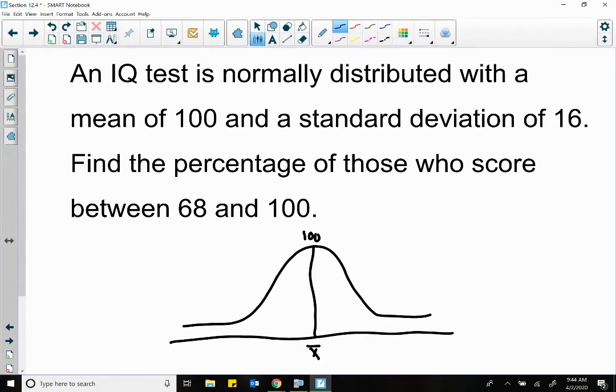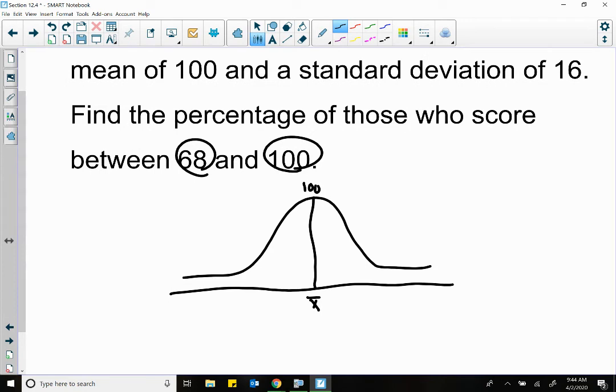So, looking at what we know, we want to be between 100 and 68. I'm already at 100 right here in the middle, so I don't want to go anywhere above. I want to focus in on below that because I want to get to 68. I'm not going to be doing any of the adding of the standard deviation. What we're going to be dealing with is moving below the mean, because we're already at 100. There's no sense in doing extra work over here.